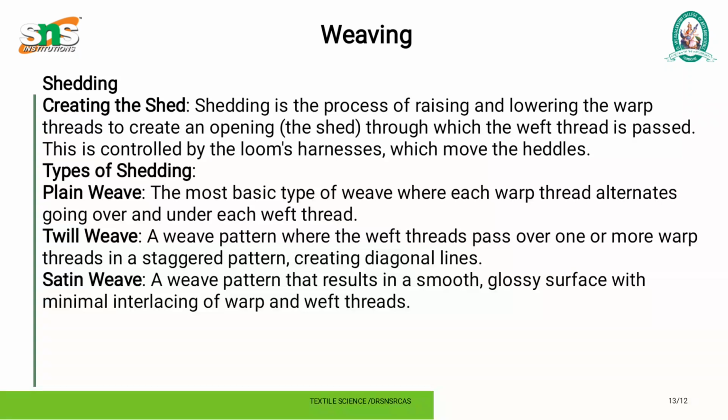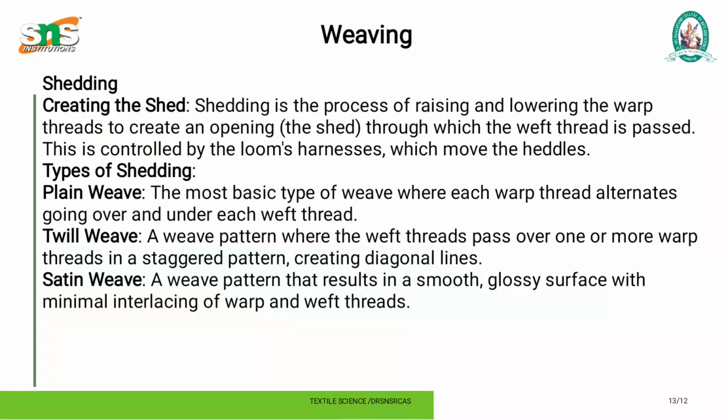So next is shedding, creating the shed. Shedding is a process of raising and lowering the warp threads to create an opening through which the weft thread is passed. This is controlled by the loom's harnesses, which move the heddles. Types of shedding. Plain weave, the most basic type of weave where each warp thread alternates going over and under each weft thread.